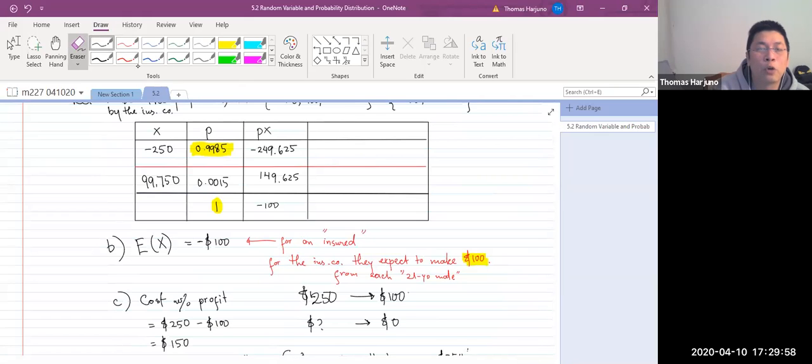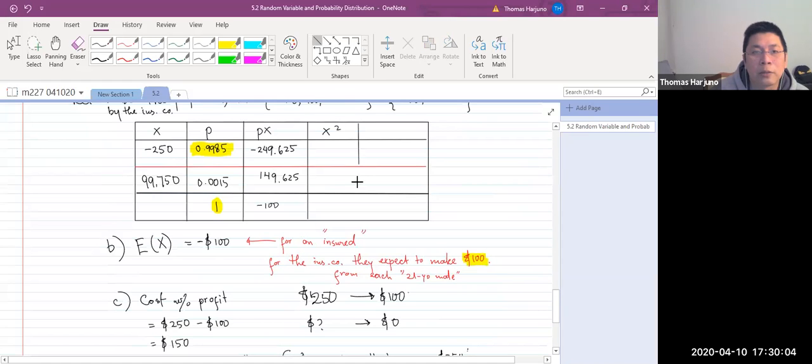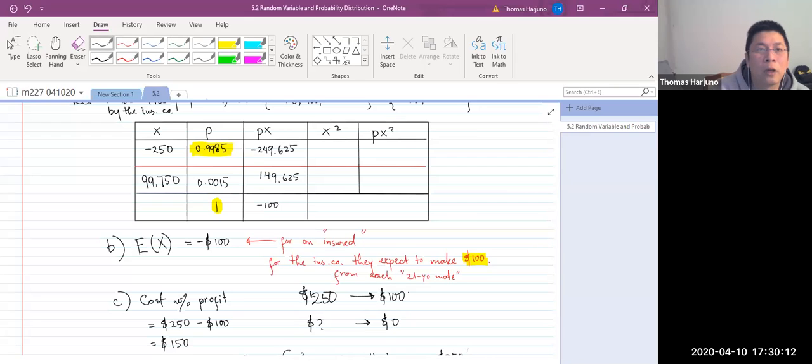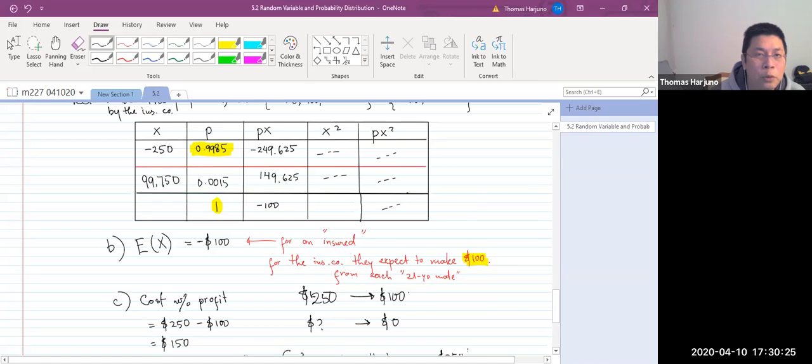Yes, if you want to compute the variance and standard deviation, then you do the x squared and then p(x) times x squared. If you need to find the variance and standard deviation, then you do this extension here. You can do it yourself, and from there, you compute the variance.